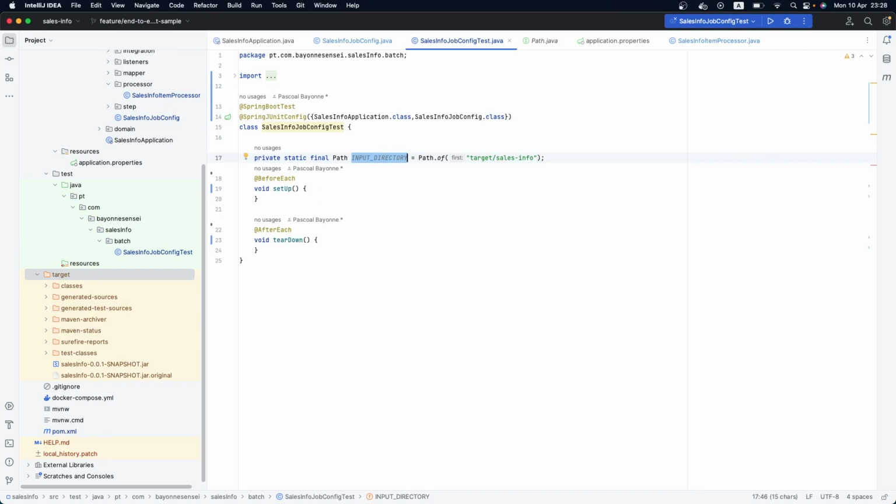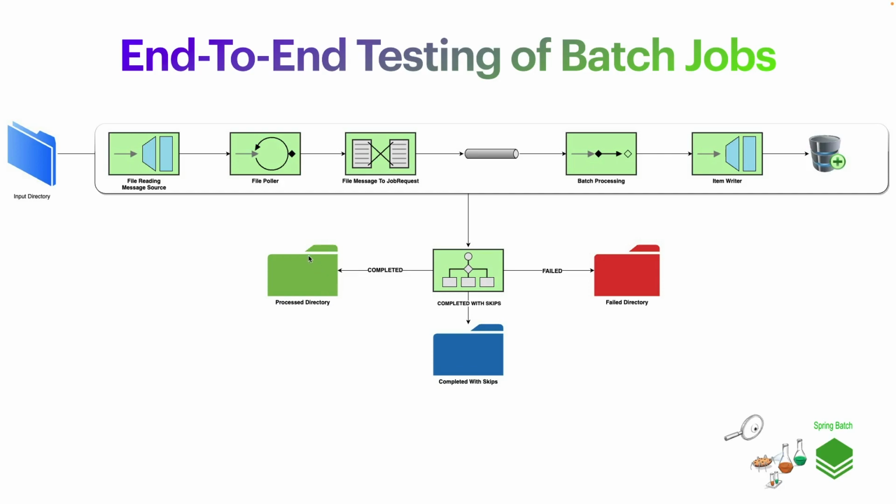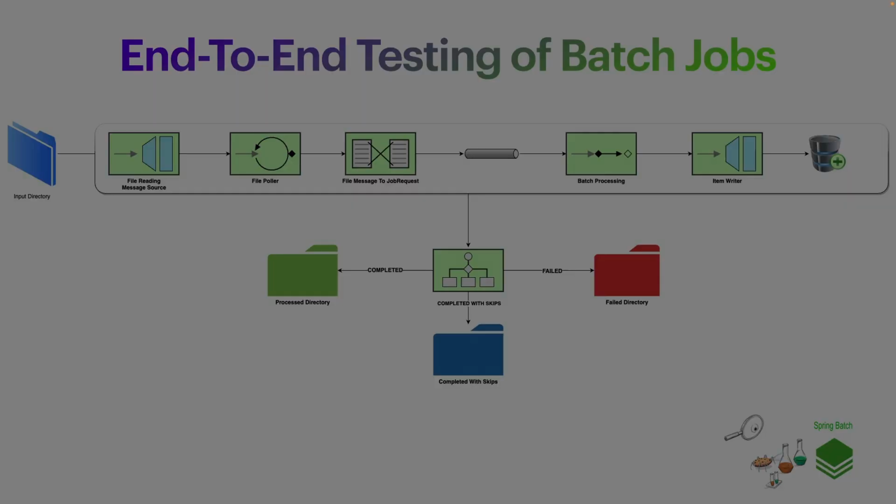Now the next thing we need to do is create our completed, complete-with-skip and fail directories, just the same way that we have in our real case scenario. We will create also the three directories.